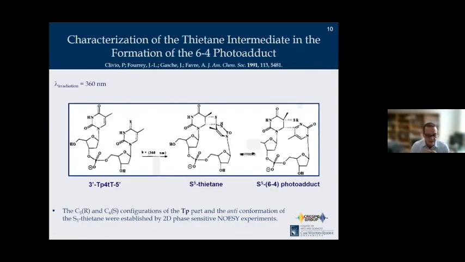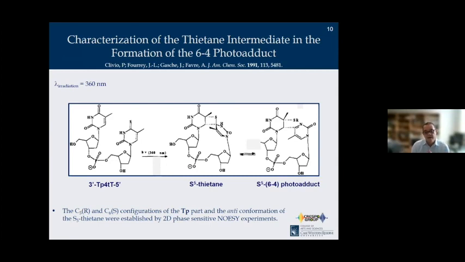But there is another very important piece of information that I should mention, which is that the photochemistry of 4-thiothymidine has been widely studied by Clivio and Fabre and others over the years.